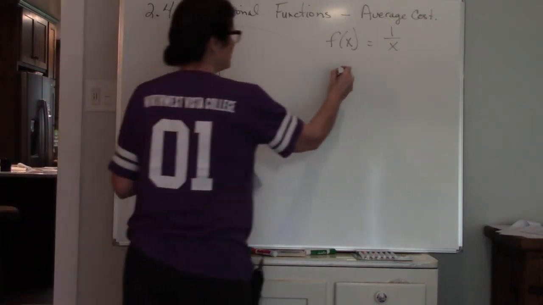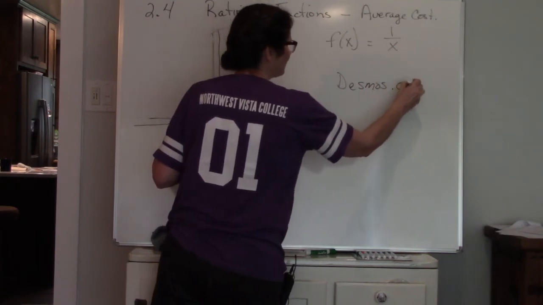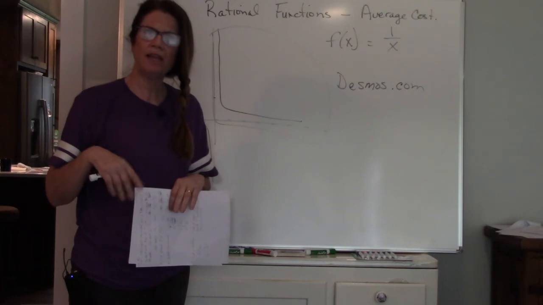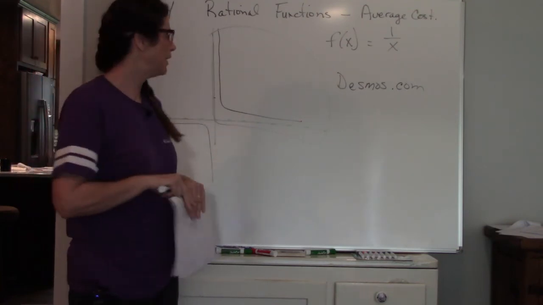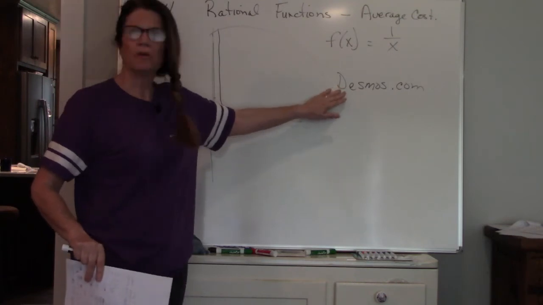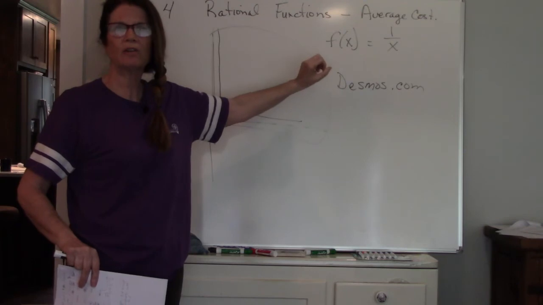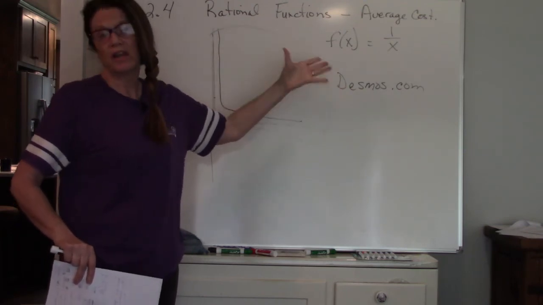It's called Desmos, DESMOS.com. You can either download it on the Google Play or your Apple store. I don't know much about Apple. Desmos is a great graphing tool. It's a graphing calculator, it's free, and it actually helps you graph.